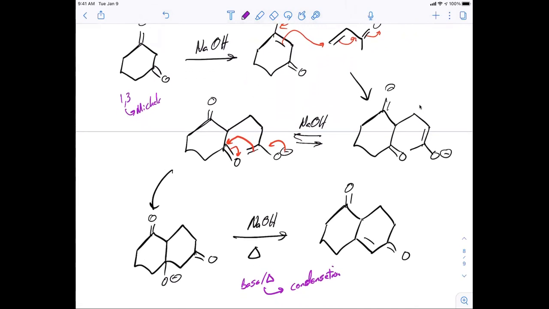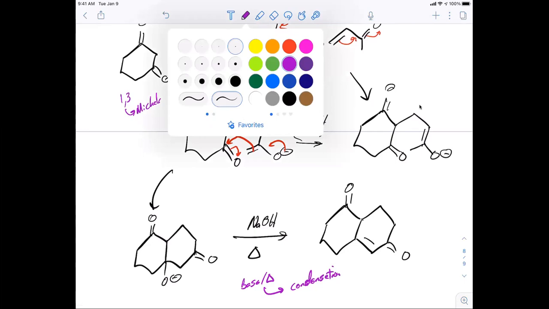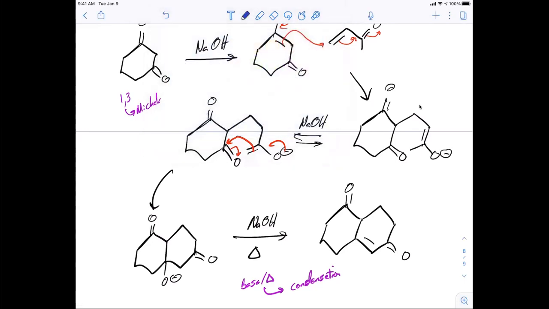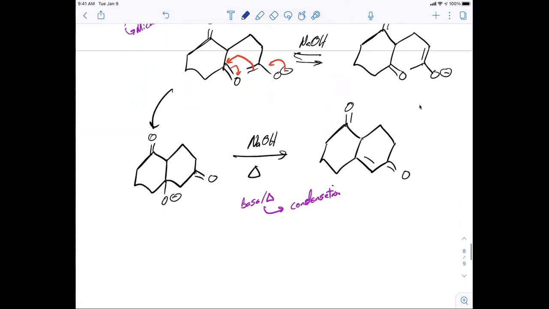Robinson annulation is a pretty helpful reaction because it's doing what? Why would this be something that organic chemists would like? How many carbon-carbon bonds am I making?